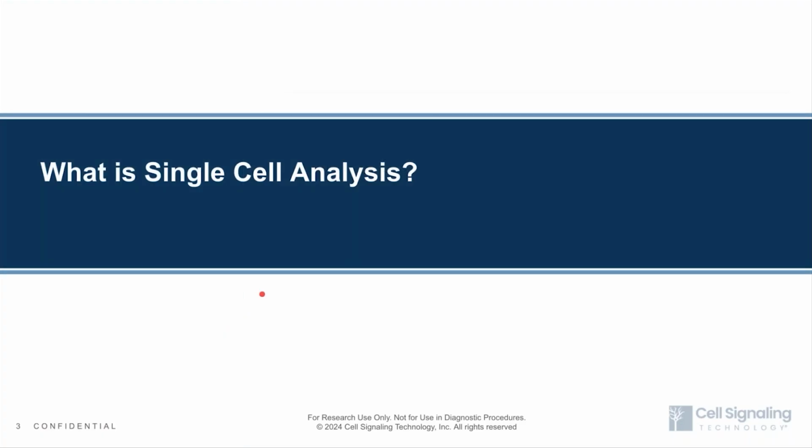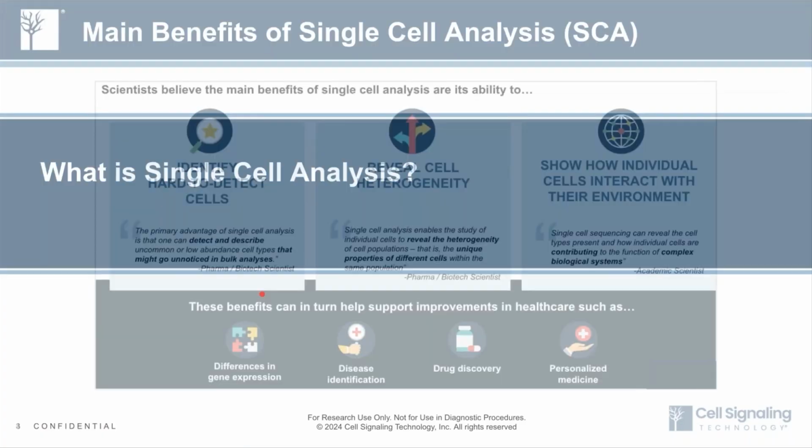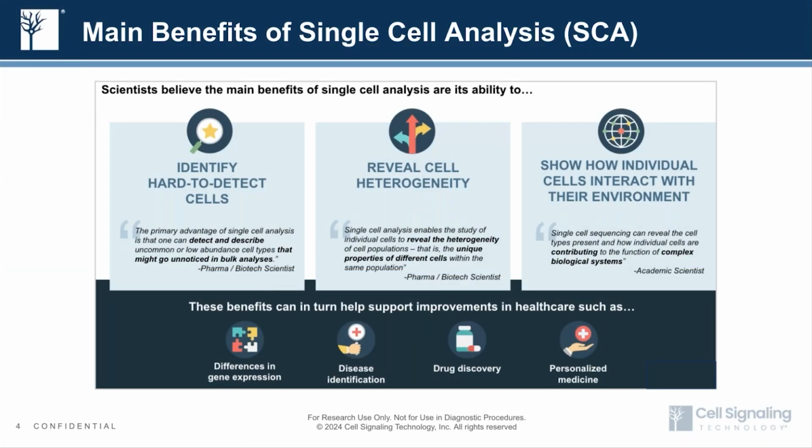So what is single cell analysis? It's a technology that was developed around 2010, and for over a decade, it's been used in so many different research in biology, and it's used predominantly to identify hard to detect cells, especially if your cell of interest represent only a certain small population or subset in a very heterogeneous and complex tissue.